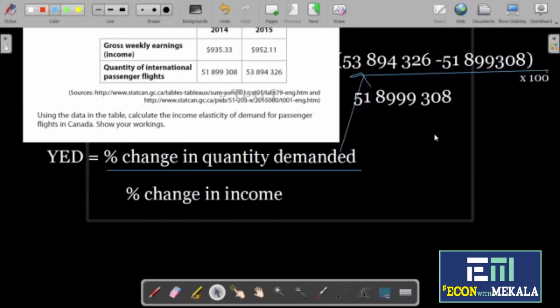Right, if you simplify this, how much will be your answer? That is going to be somewhere around 3.77.